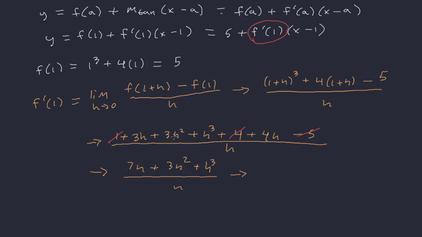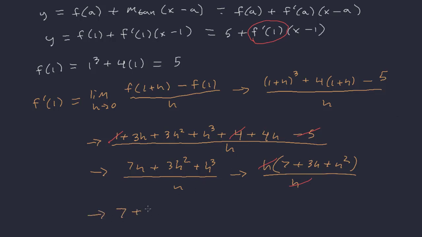This will always happen when you use this method, and if it doesn't, you've done something wrong. So you need to check your work, because if all the non-h things don't cancel, something's wrong. Because you want to be able to factor out the h to get the 7 plus 3h plus h squared here, so the h in the denominator can cancel out. Because you can't plug that 0 in until you get rid of that h in the denominator.